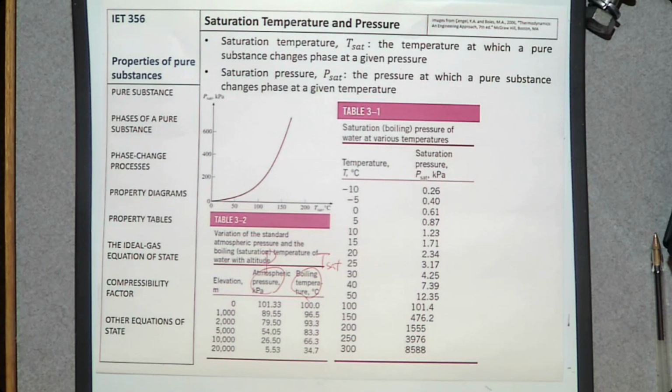So the atmospheric pressure is this low, and the boiling temperature is only 66. So when you take an airplane, sometimes they serve food. Are they tasty? No. Why is that? Because the water boiling temperature is lower than what we have here.